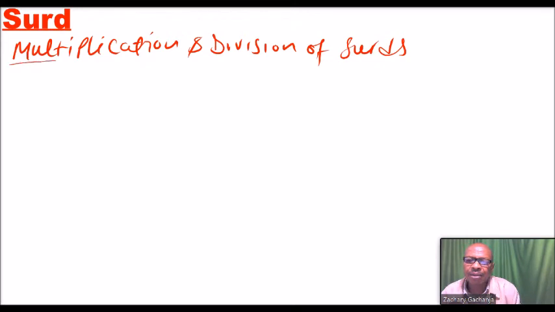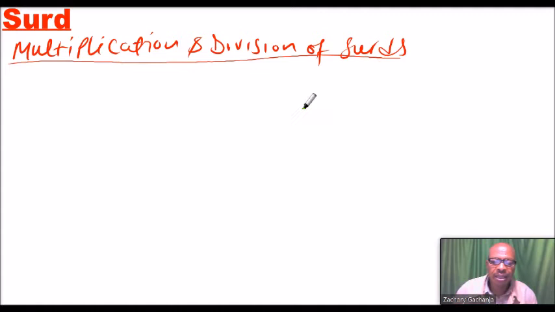I said you can add and subtract surds, as well as multiply and divide surds. So we'll do this by use of example.